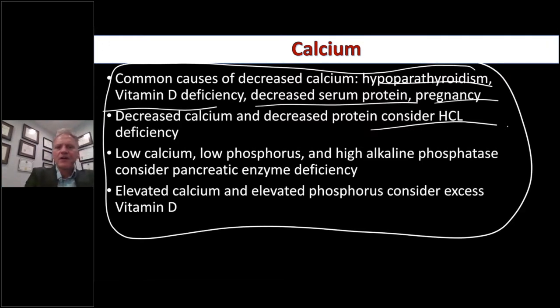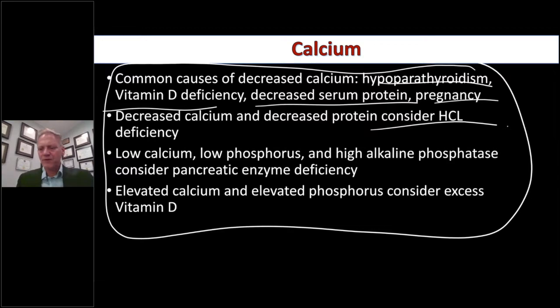If you have an elevated phosphorus and a low calcium, you want to think about gallbladder dysfunction. Here's what I do. I put these numbers and this verbiage on a page, and you can actually laminate it. And when you look at blood work, especially when you first start doing blood work, and you see a calcium that's out of range, look for any one of these patterns to see if they exist.